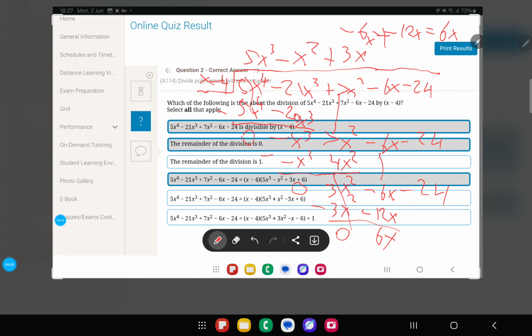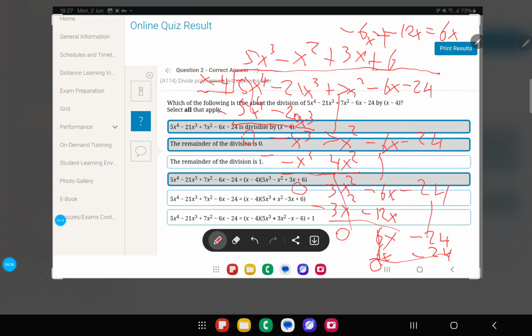Now, 6x, we're going to bring down negative 24. Now 6x divided by x is going to be simply 6. 6 times x is going to be 6x. Now subtract. And 6 times negative 4 is going to be negative 24. So this cancels out, becomes 0.